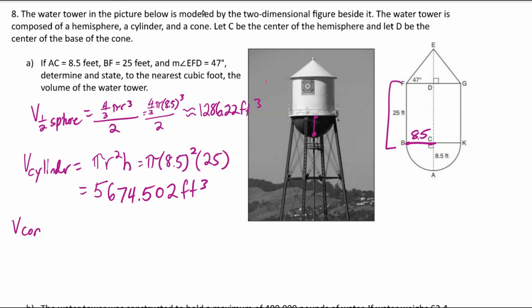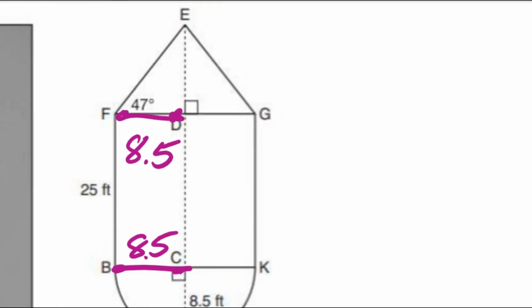The last part I need to deal with is the cone, which is 1/3 pi r squared times the height. Well, I could slide that 8.5 up to say that my radius of the cone is 8.5, but the problem is I don't yet have the height of the cone, ED, but they did give me that acute angle there.